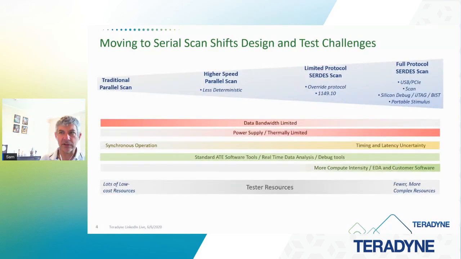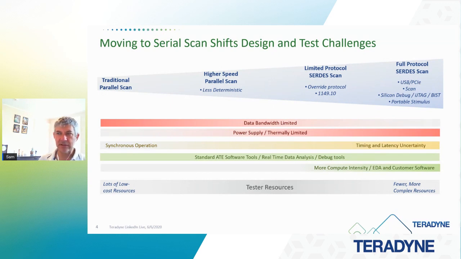So as you adopt this, you see the intensity of some of these colors shows how the technical challenges change. In a nutshell, you're switching from a bandwidth limited design to a power supply or thermal limited design. You're adding complexity of serial interface and asynchronous operation as you move into both low protocol and high protocol scan.